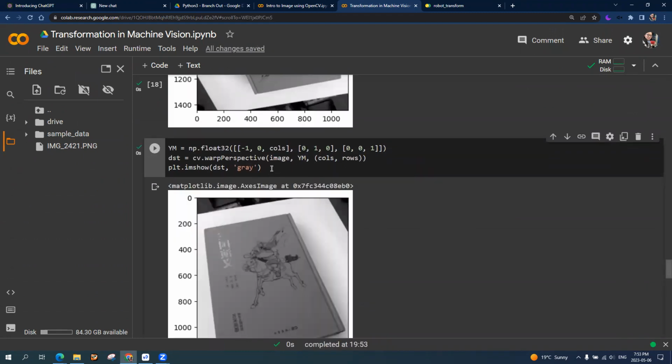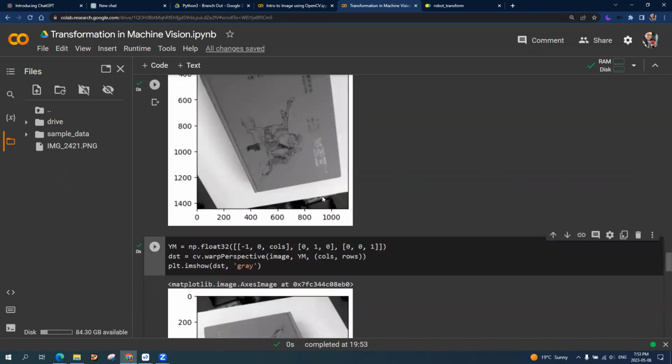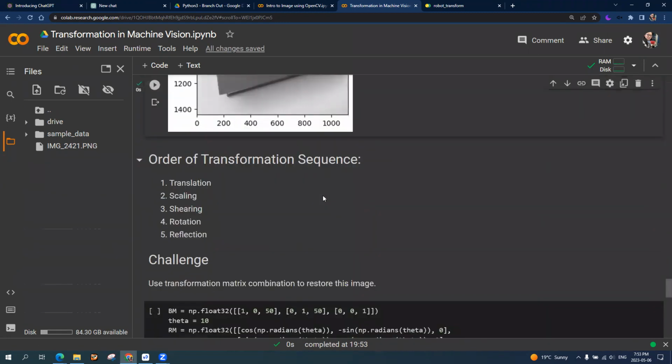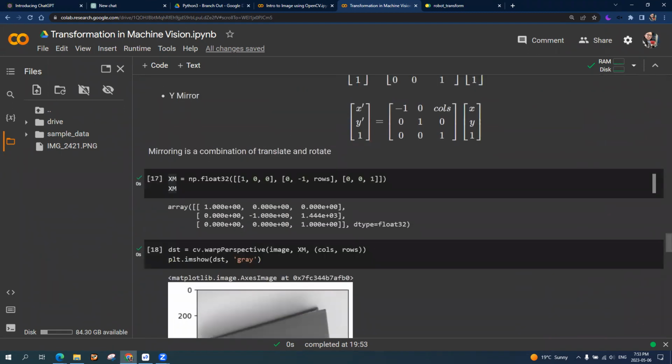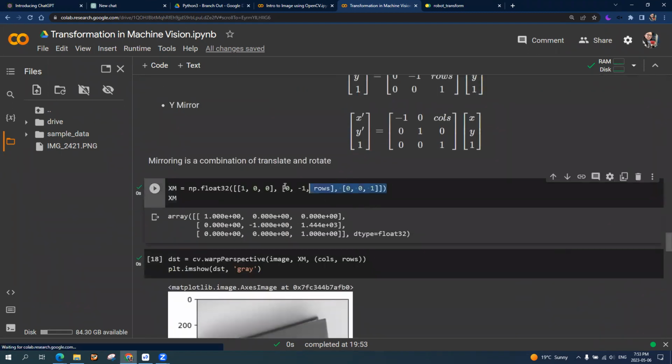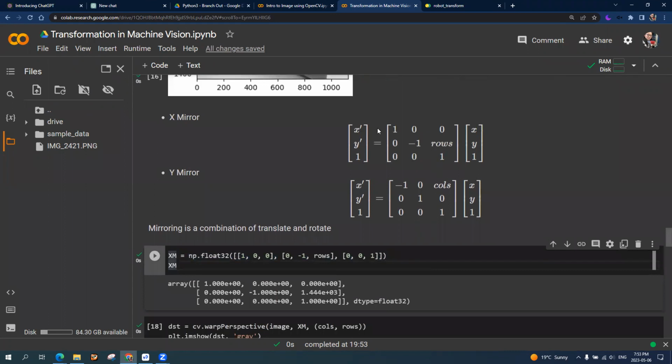I was trying to get you to do it. Okay, so all of these are simple. You just need to know, when you define the matrix, where you want to change the number. You just look at this form, and it tells you which number you should change to bring what kind of effect.